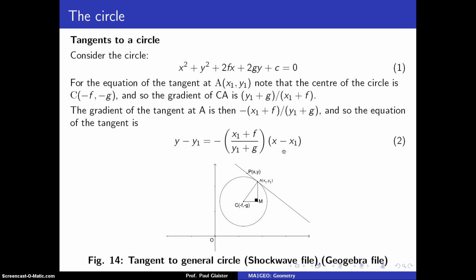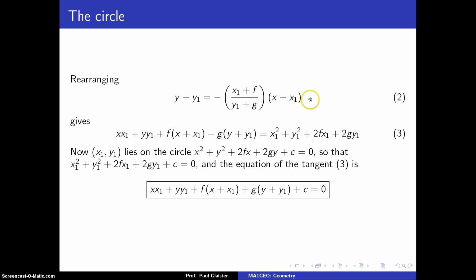If we rearrange 2, shown here in this form, we find that on the right hand side, if we put x1 squared plus y1 squared and 2fx1 and 2gy1 onto that side, we have an equation which is the equation of the tangent, but you notice x1, y1 lies on the circle. It's the tangent at that point that we're trying to determine.